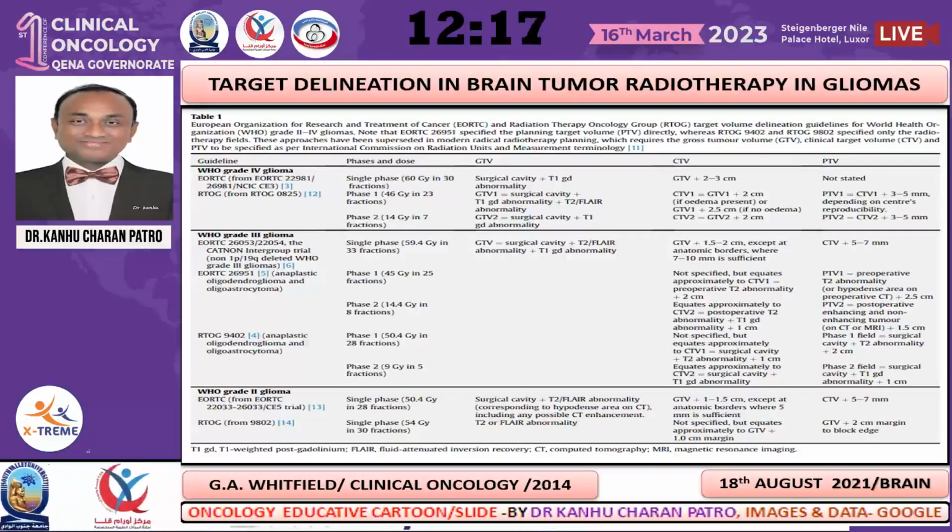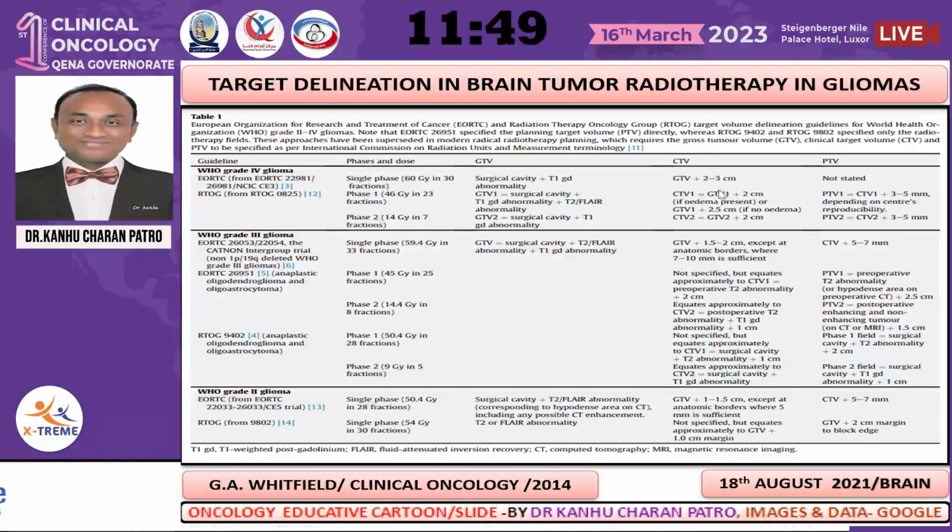In phase 1, the GTV plus enhancing component and T2 FLAIR abnormality with a 2 centimeter margin is the CTV, and a 0.5 centimeter margin is the PTV. In phase 2, the GTV plus enhancing component plus a 2 centimeter margin is the CTV, and a 0.5 centimeter margin is the PTV.